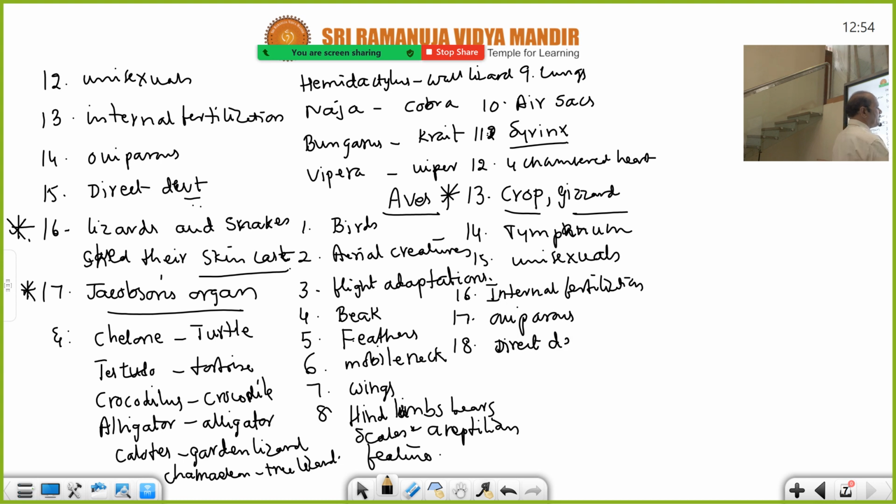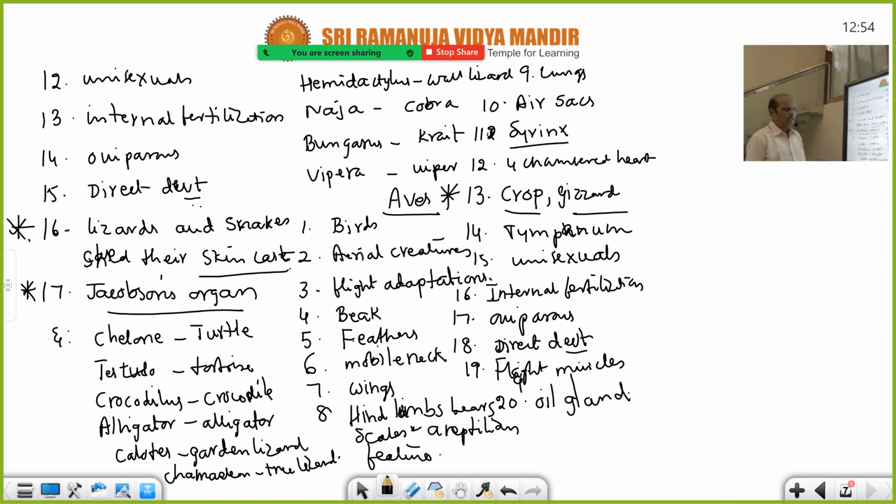Reptiles, birds, mammals, in these three, development is direct. There is no larva. Flight muscles, breast muscles, also very well developed. And besides that, the only gland present is called oil gland, or preen gland, or uropygeal gland. So many other names are there. This is helpful in the cleaning of feathers.